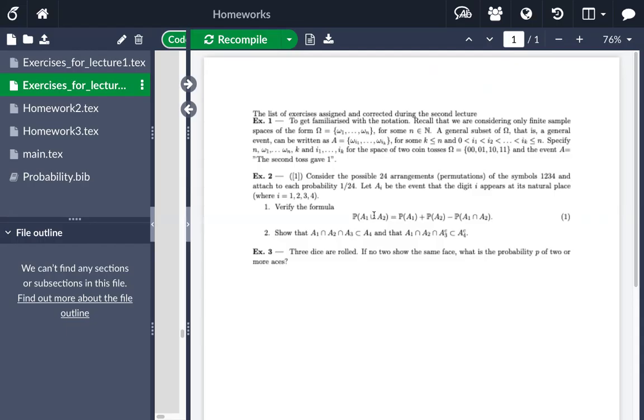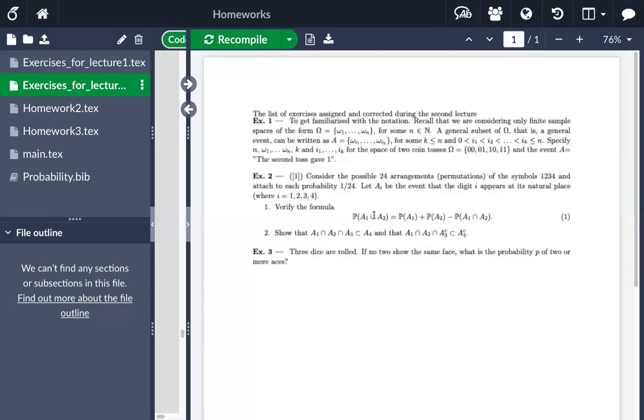But the idea is exactly this one. Yes. And for the second part of the exercise, we have n symbols, and the intersections of A1, A2, A3 are just n minus 1 symbols in their places.